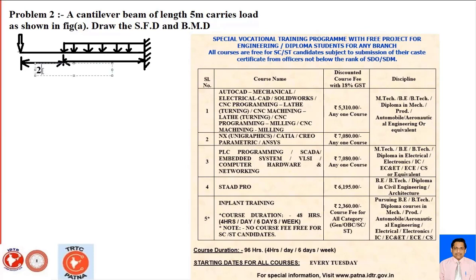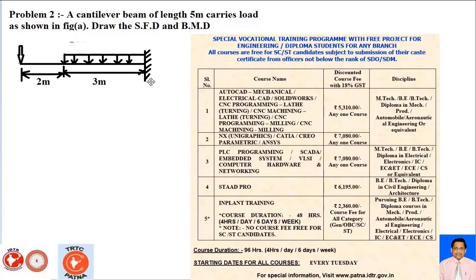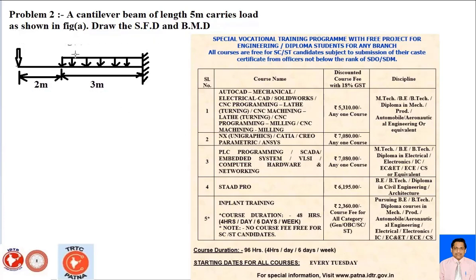This is your 2 meter, and from here this is your 3 meter. And now the load is 20 kilonewton, and the uniform distributed load is 6 kilonewton per meter.